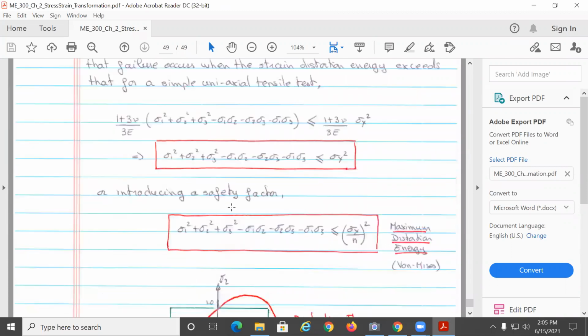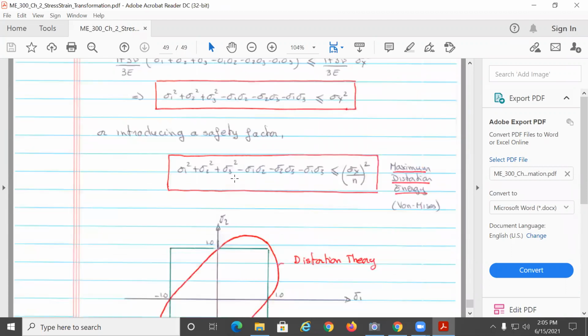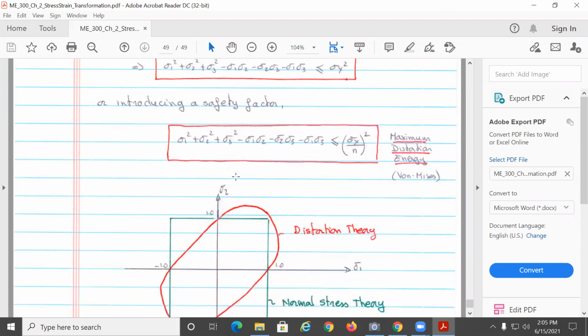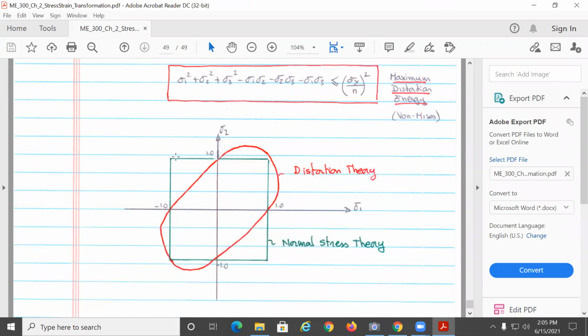All right, so this equation here will be the von Mises, which remember is the one we saw also on the finite element, okay? So again, the shape of this one in the principal stresses was a square or a rectangle. The von Mises will be like this, and actually the Tresca will be this one here, a line that will go here, here, here, and a line that will go there. I will do it later on.